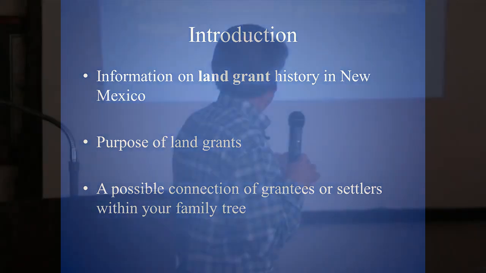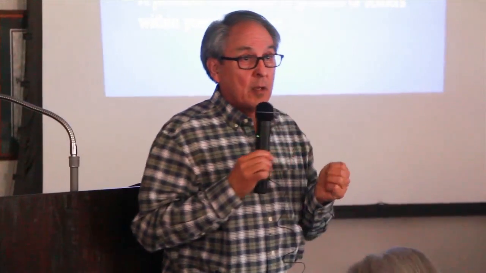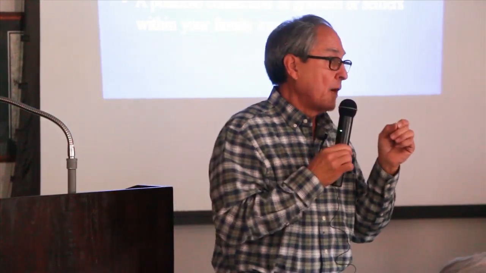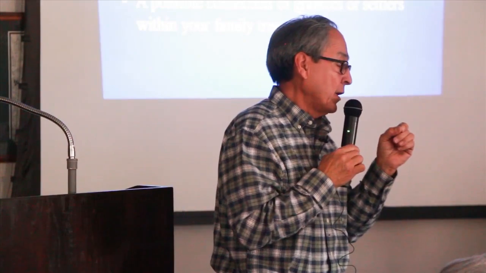And the purpose of the land grants, when the Spanish were in charge up through 1821, was to provide settlers to a particular area. They were also supposed to be buffers for the attacks that the Spanish were getting from all the different native tribes.